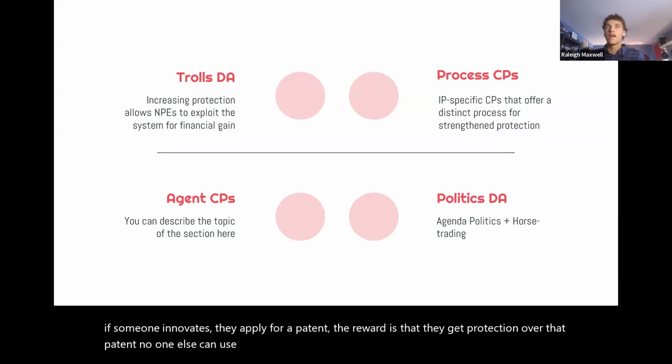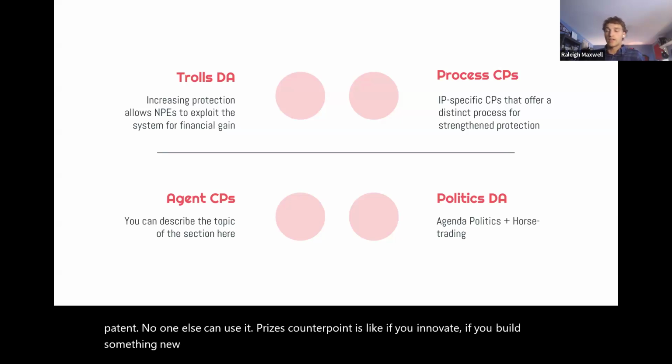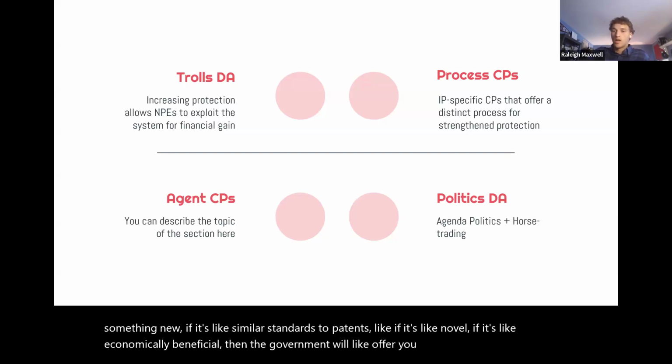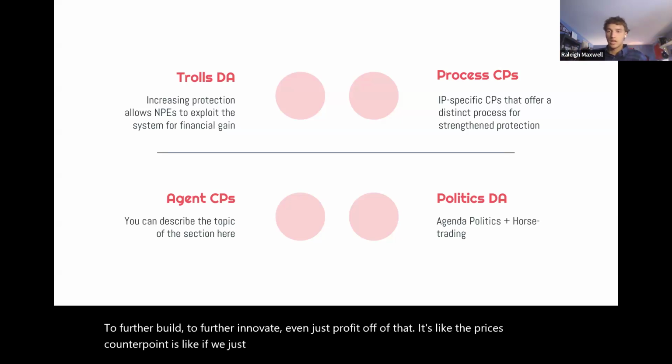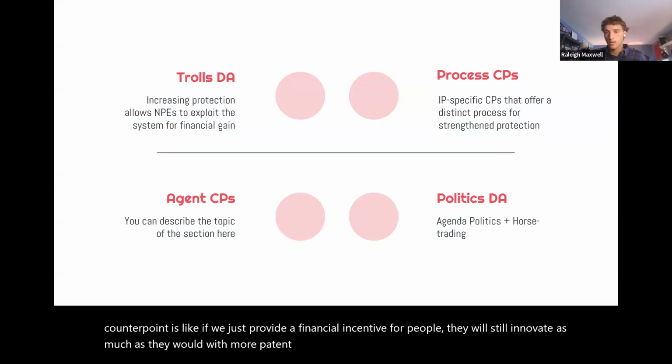The prizes counterplan is if you build something new, if it meets similar standards to patents, if it's novel, if it's economically beneficial, then the government will offer you money to further innovate or even just profit off of that. So the prizes counterplan is if we just provide a financial incentive for people, they will still innovate as much as they would with patent protection. Does that make sense?